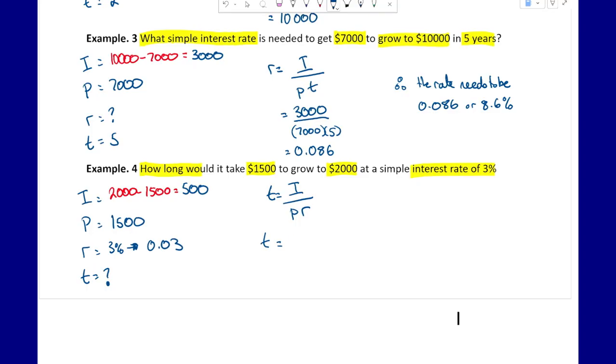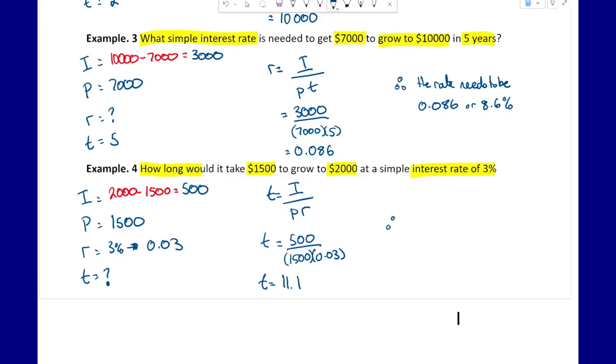So this is 500 divided by 1,500 times 0.03. We get 11.1.